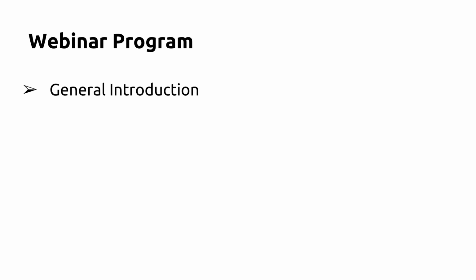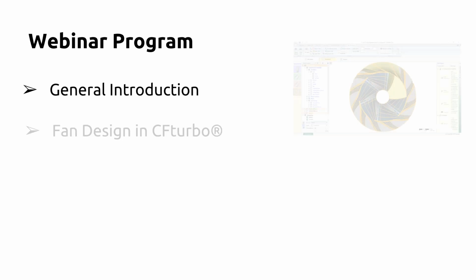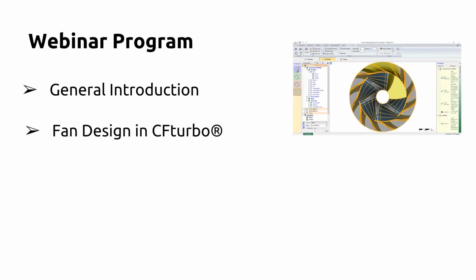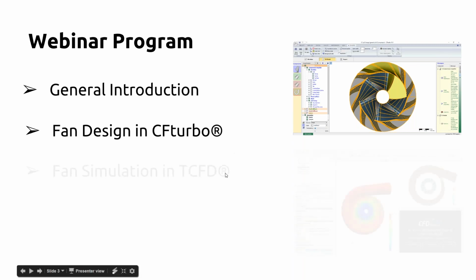The second part, let's call it the design part or CFturbo part, will be a live example where Oliver is going to introduce CFturbo a little bit, and then he will show a live example of a centrifugal fan, how it's going to be designed in CFturbo, with final export of the designed model to turbo machinery CFD.